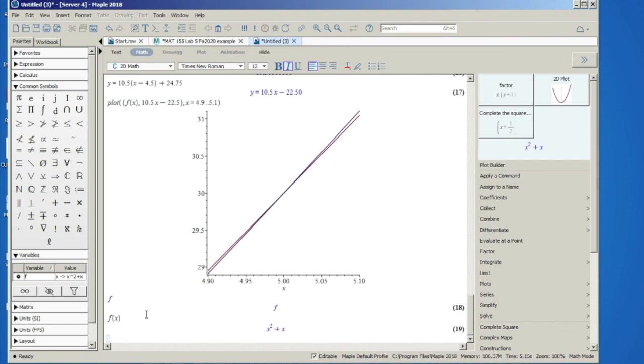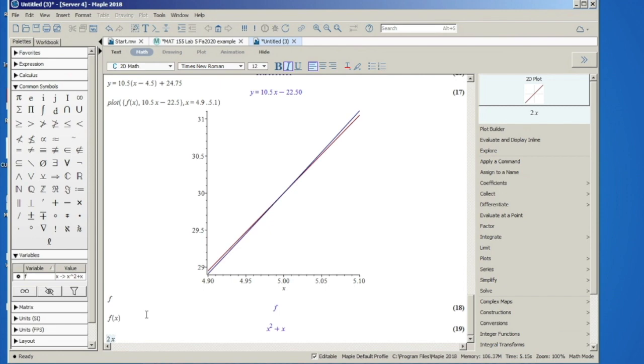If we take the derivative of this, we should get 2x plus 1 by the power rule. So we bring down the 2, take 1 away from the exponent, and then the derivative of x is simply 1. So the derivative of f of x should be 2x plus 1. So let's call this f prime.